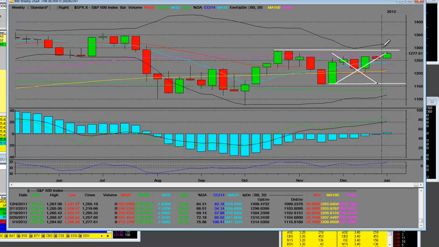The fundamentals are that the current earnings cycle in calendar 2012 will start on Monday, and then the following week on the 17th, they'll be in full bloom.